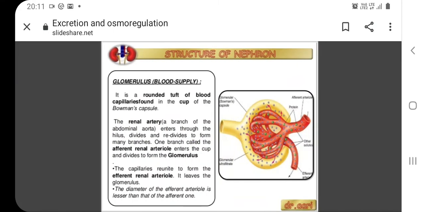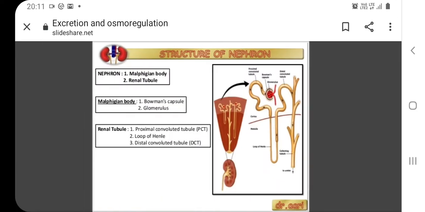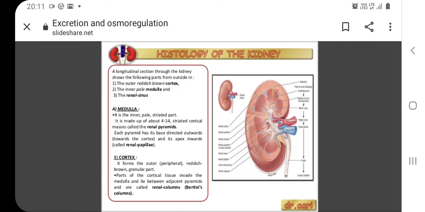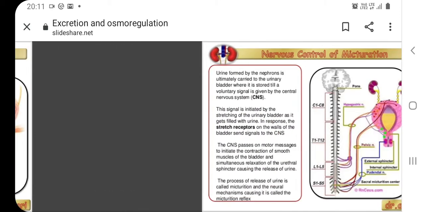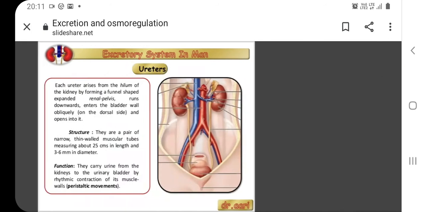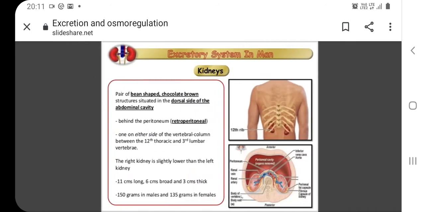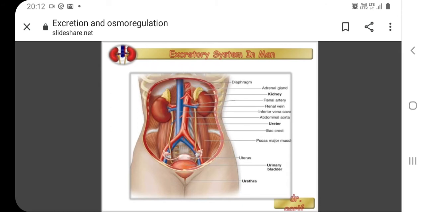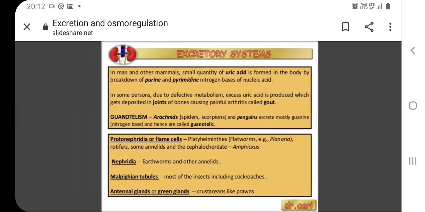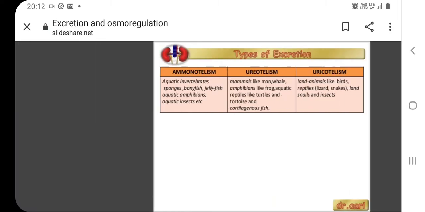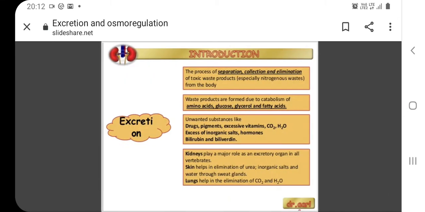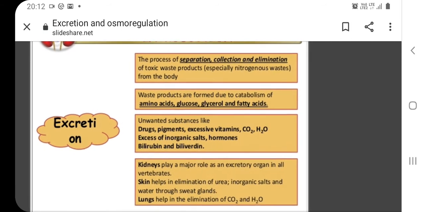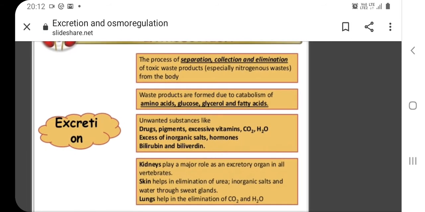The next important topic that we must discuss is the structure of the kidney, the structure of the nephron, as well as the excretory system. Now, we have already talked in previous lectures about excretion.